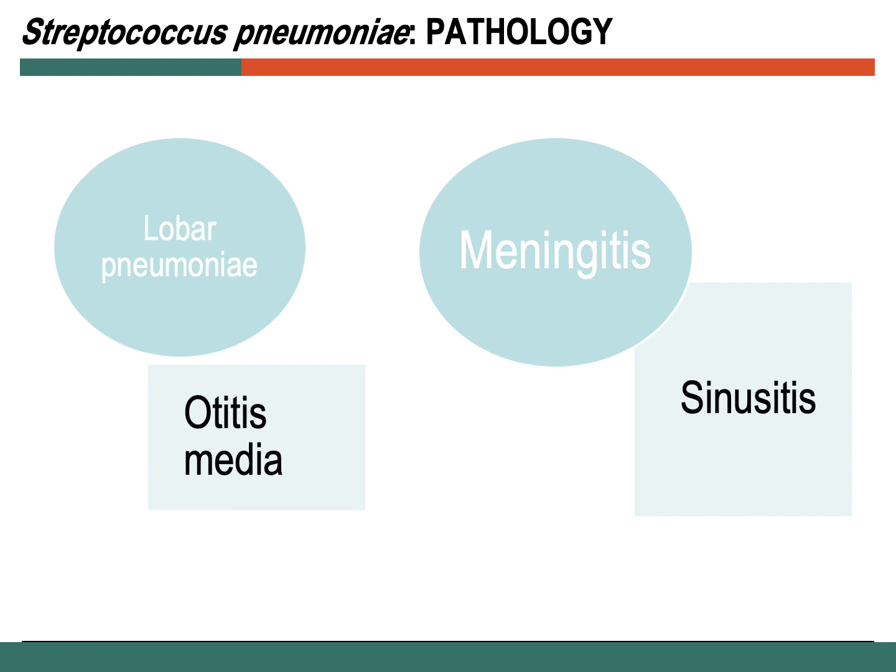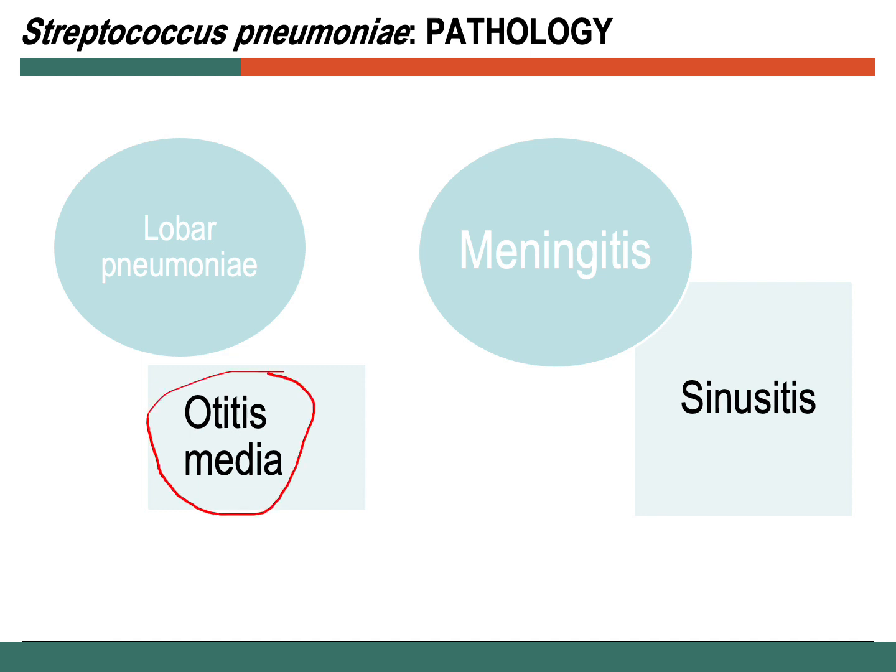So, what are the diseases associated with Streptococcus pneumoniae? The most common is lobar pneumonia, followed by otitis media, meningitis, and sinusitis. Otitis media is the most common isolate, common for 3-year-old children.